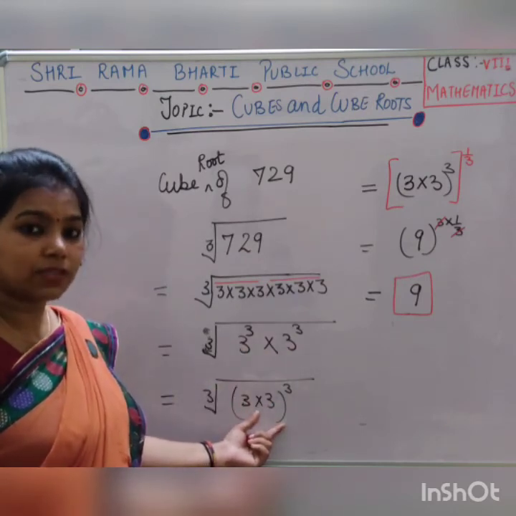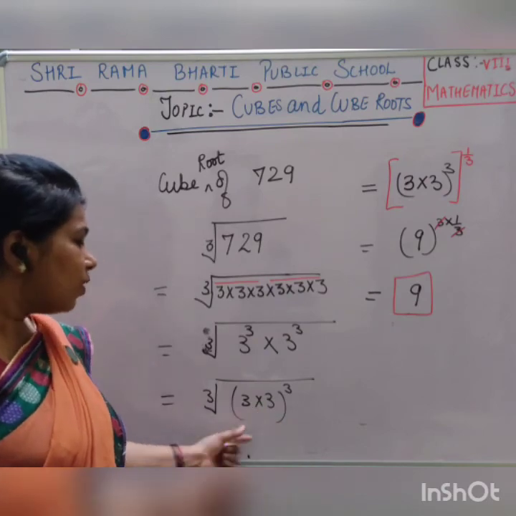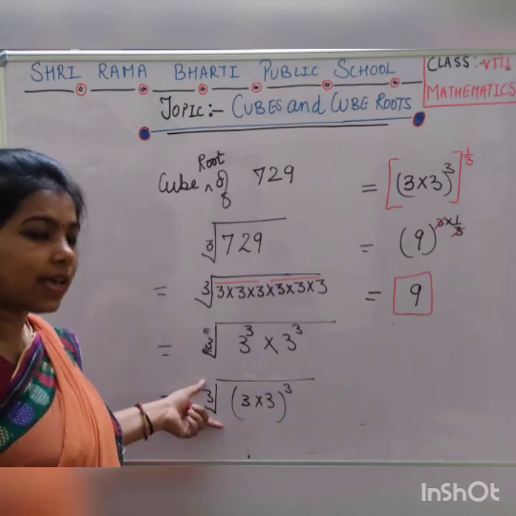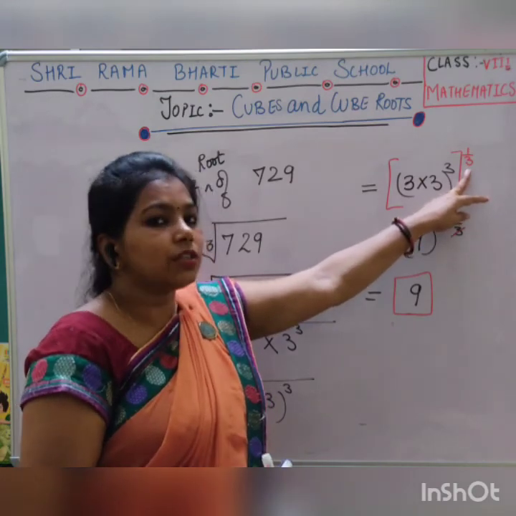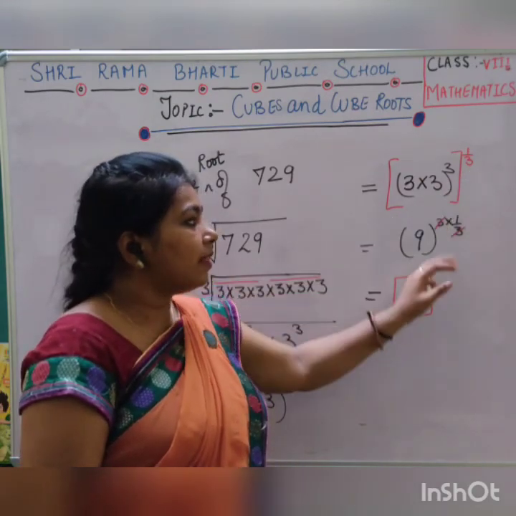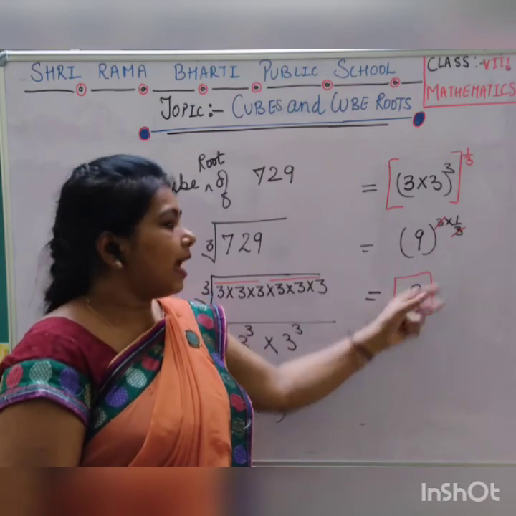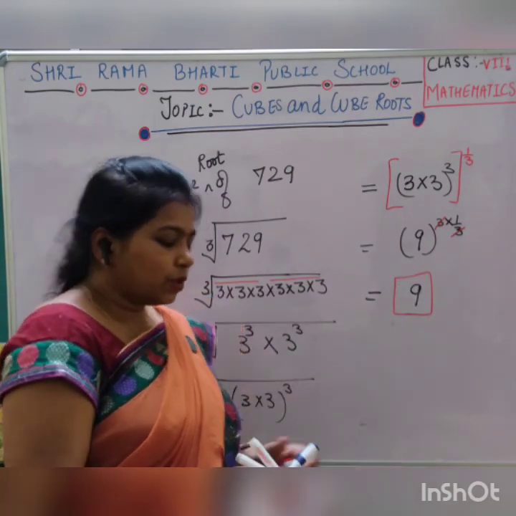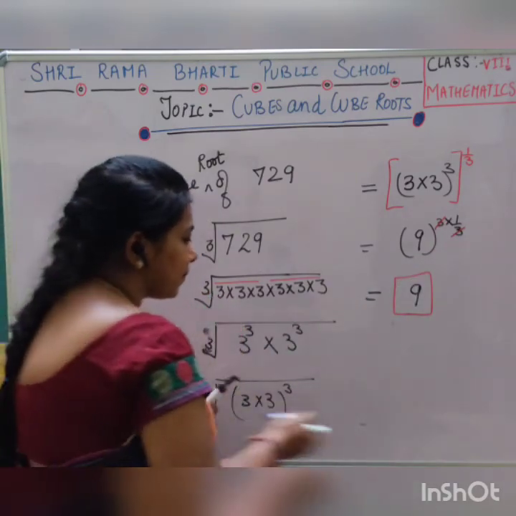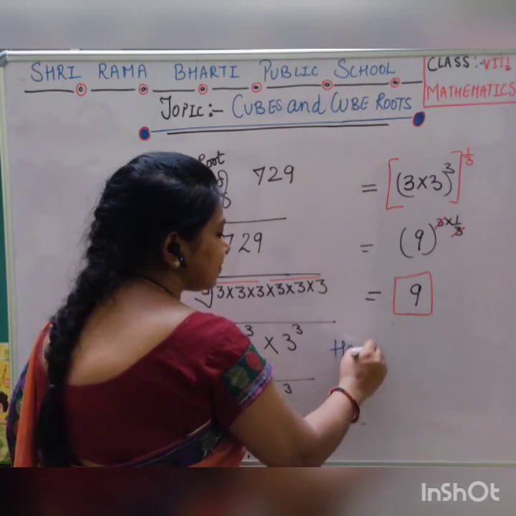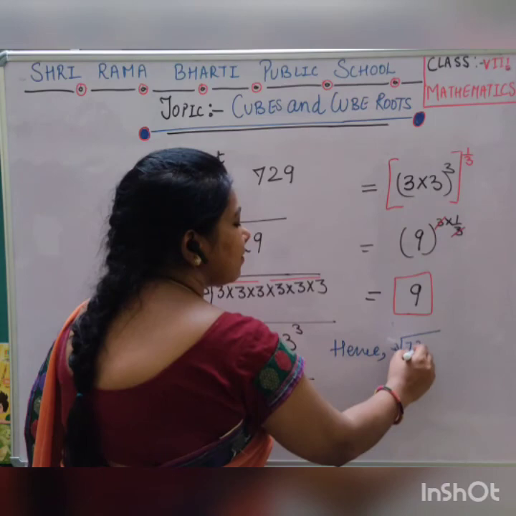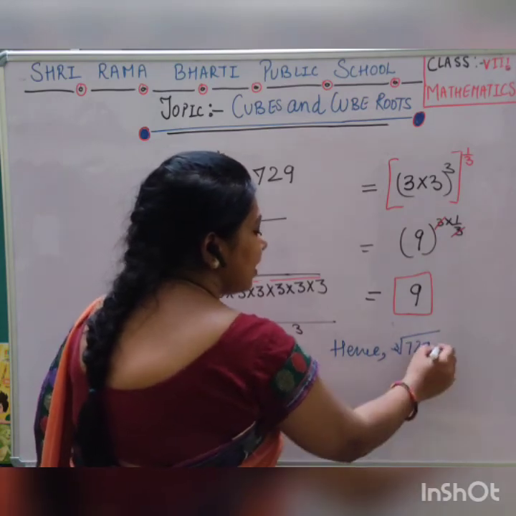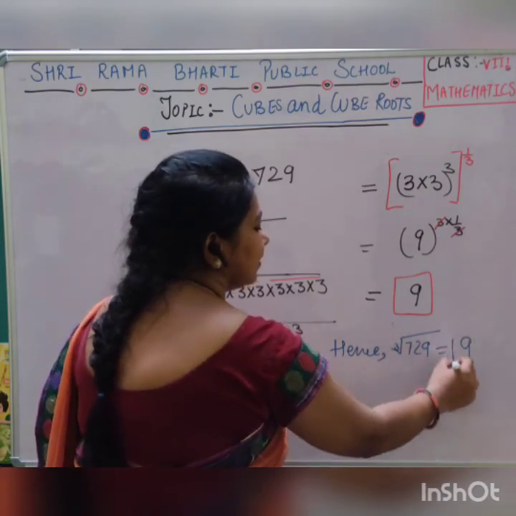And then we convert the root sign into exponential form. Then we apply the law and we get our cube root. So hence we can say the cube root of 729 is 9.